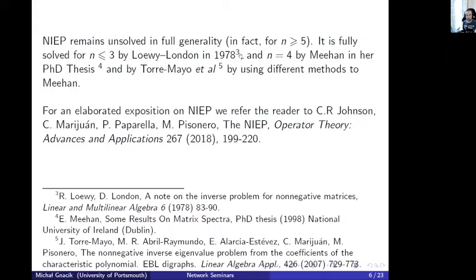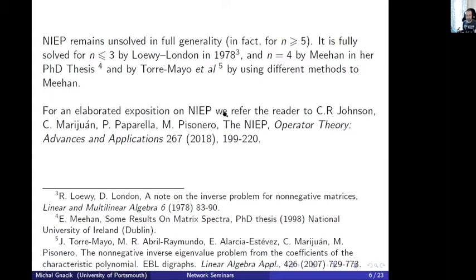It was fully solved for n less than or equal to 3 by Loewy in London in 1978. And for n equal to 4, it has been solved by Meehan and Torre-Mayo with collaborators, using different methods. I myself knew only about the Torre-Mayo et al. paper, but then I was reading a great exposition, a great survey on all the inverse eigenvalue problems, focusing on the non-negative one, by Johnson, Marijuán, Paparella, and Pisonero.